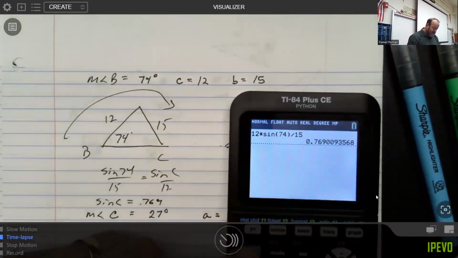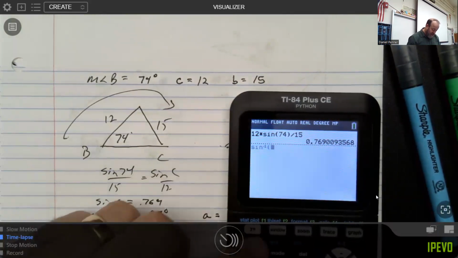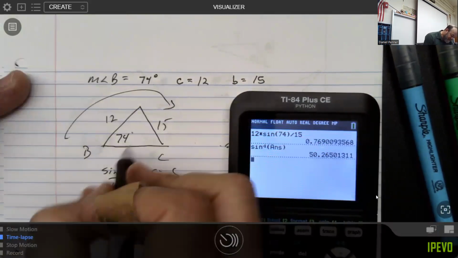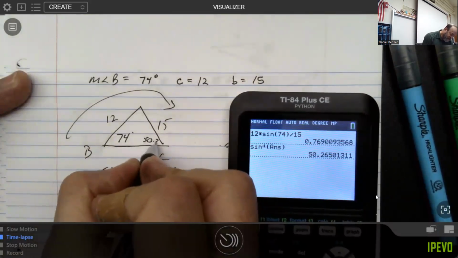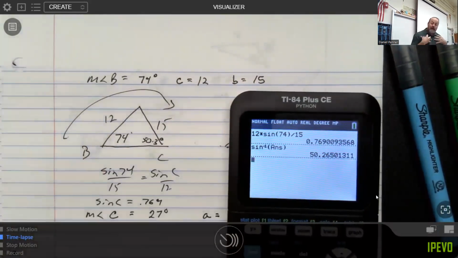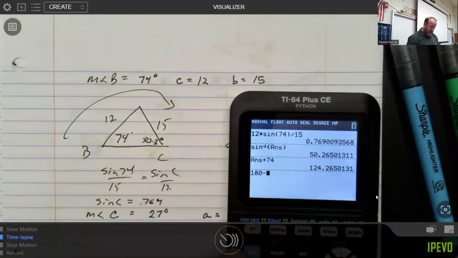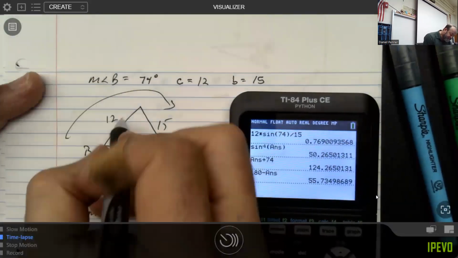I'm going to take the inverse sine of that answer, and I got that this angle is 50.3 degrees. Now, of course, I could use that 50.3 degrees plus the 72. I could subtract from 180 and get that answer as 55.